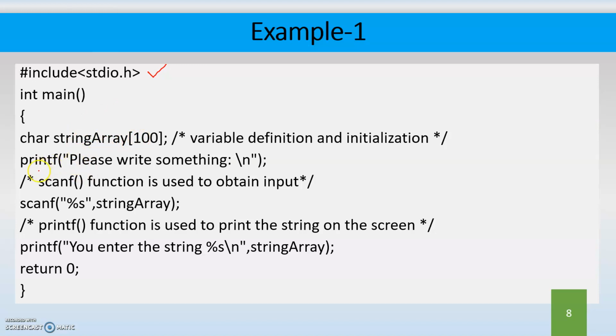Then we use a printf to ask the user to enter some value. After that, using a scanf function, we collect the characters entered by the user. Then we again print this string using a printf function.